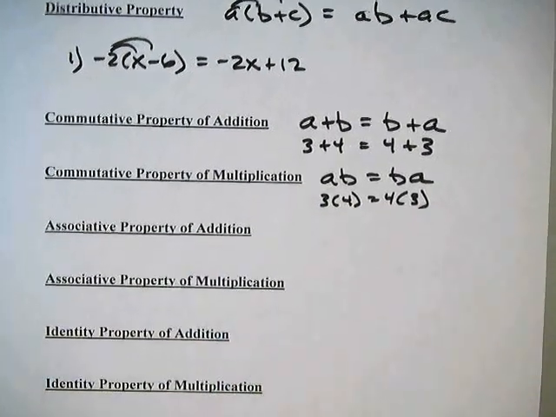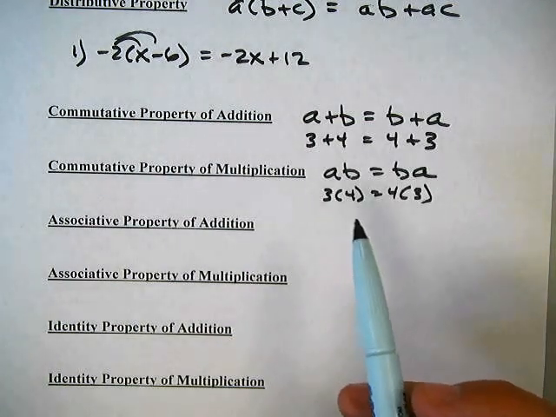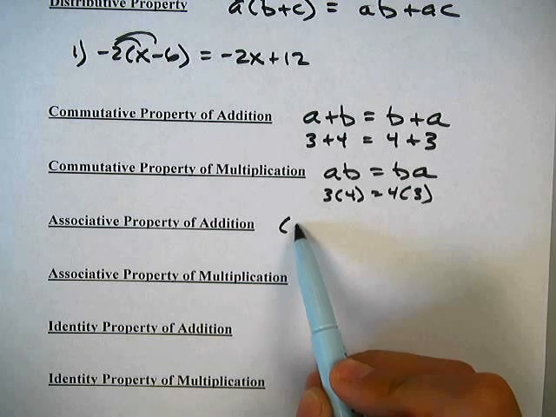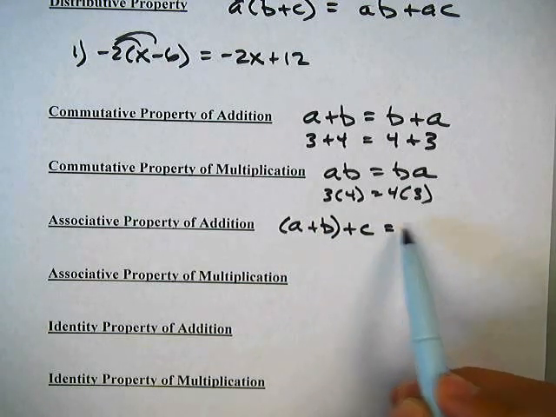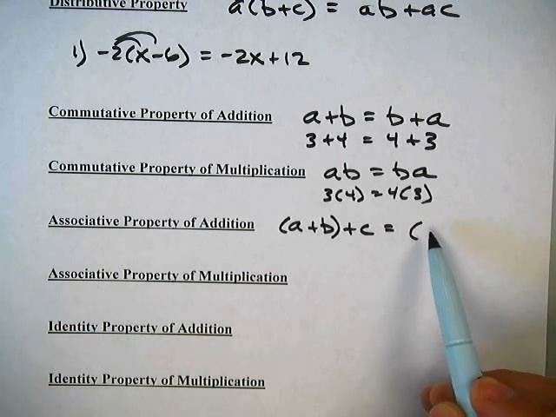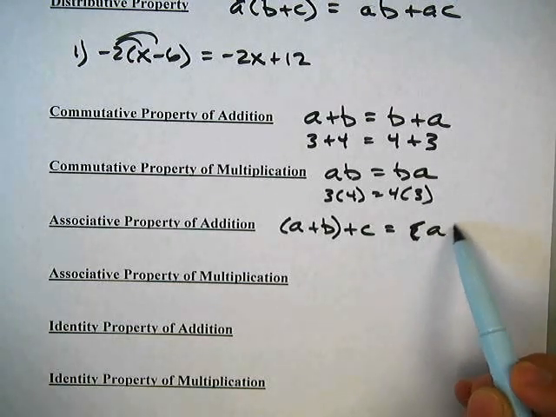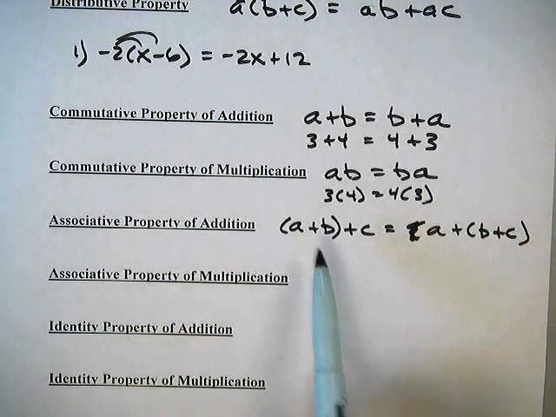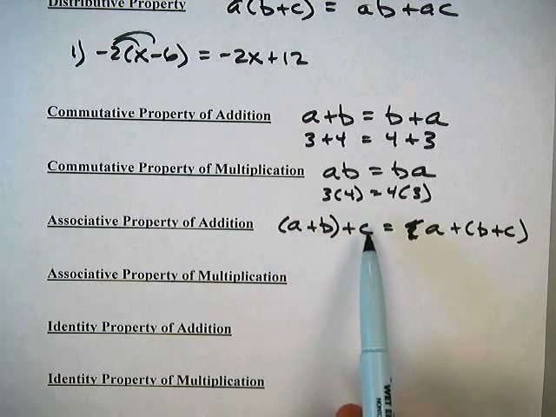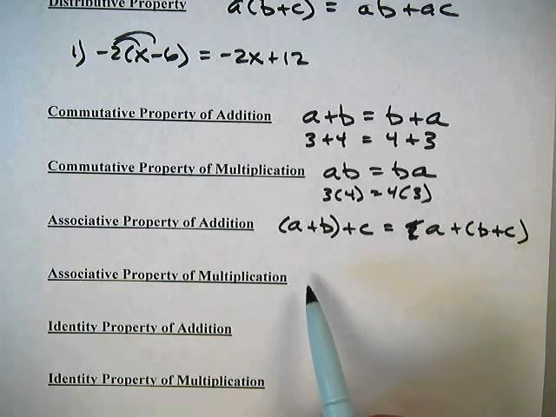Associative property. Okay, again, you'll see that we have two of them. Associative property, the word associate would be the root word. And so that's saying if I am adding A plus B first and then C, that would be the same thing as if I were to add B plus C first and then A. So if you associate these together first and then that, it's the same thing as if you were to associate these together and then that.